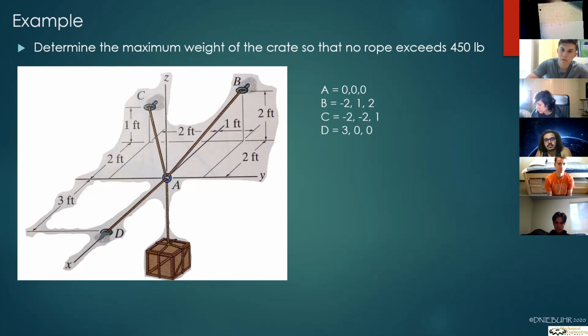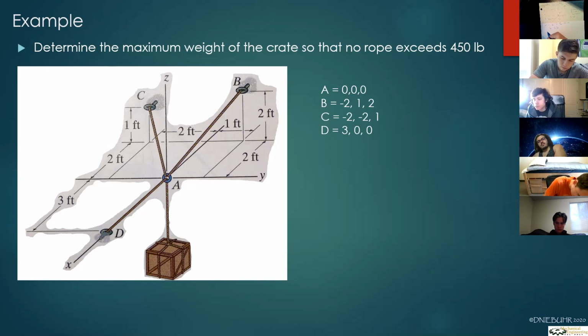So what we then need to do is determine what each of these vectors are. We have F_BA, we'll start with that. That equals the scalar amount of BA times lambda BA. Let's just look at that example first.